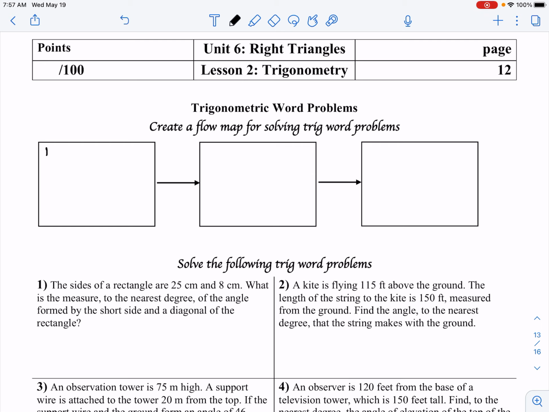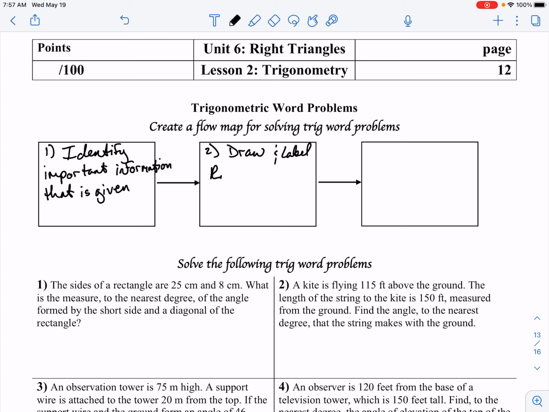The first thing I do is identify important information that's given. From that, I will then draw and label my right triangle.